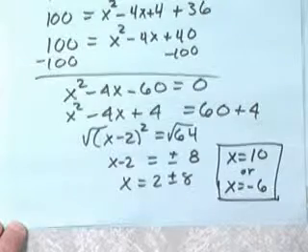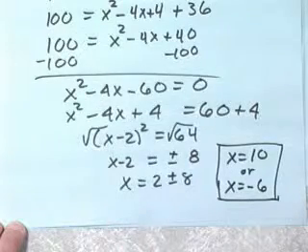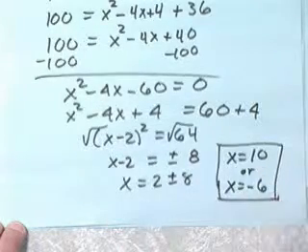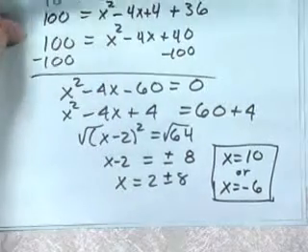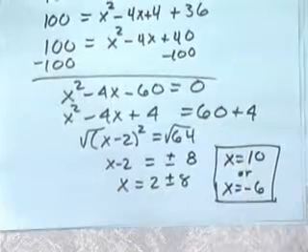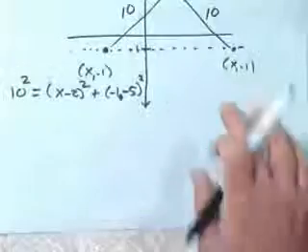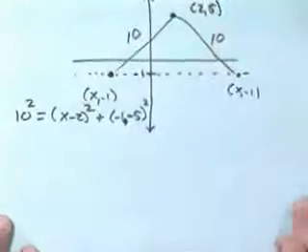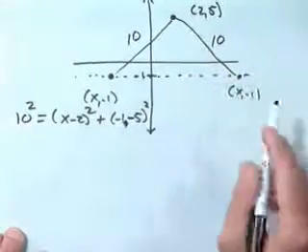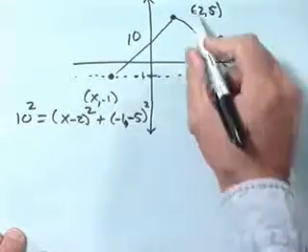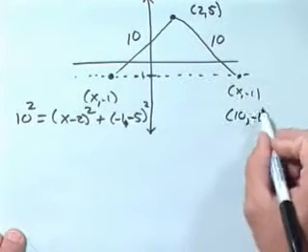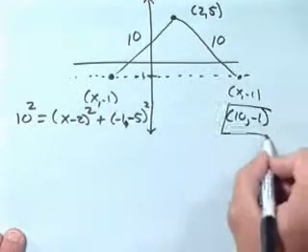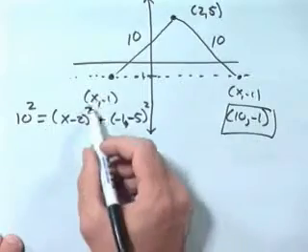Again, if this is not familiar to you, try the quadratic formula. That will certainly give you the same answer. Or try to factor. It will also factor. Let's see what we've done. We've solved for x, and we've got 10 and negative 6. That means that the two points that are 10 units away from this point are x equals 10, and x could also equal negative 6.